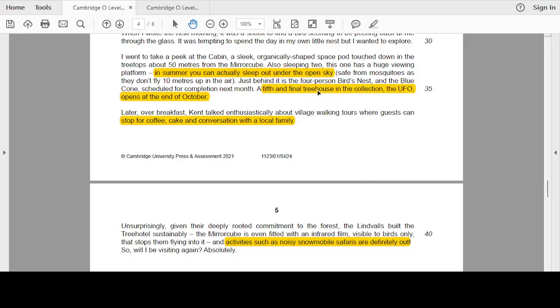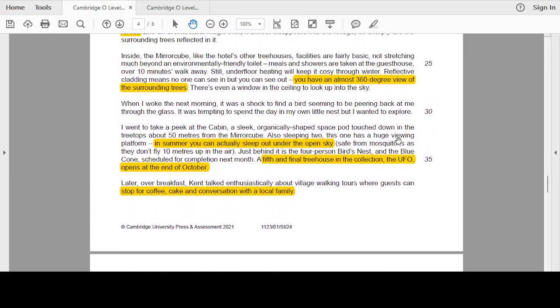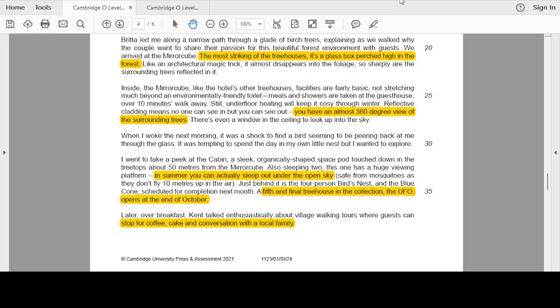Okay, a fifth and final tree house in the collection, the UFO, opens at the end of October. Now, with this point and the one I left for later, the most striking of the tree houses, a glass box, so they're talking about the mirror cube. This is detail about the mirror cube, and over here they're talking about a fifth and final one called the UFO.